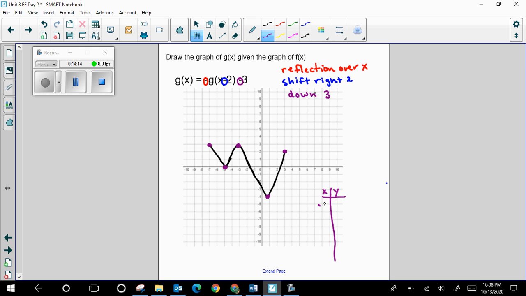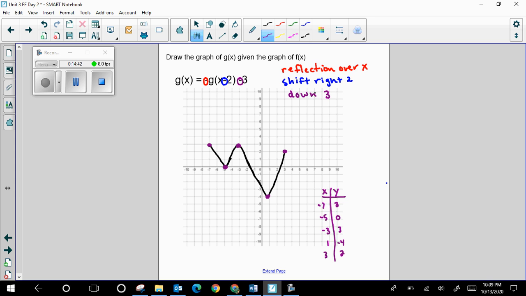So the first one farthest to the left is at negative 7, 3. Then I'm at negative 5, 0. This point at the top of the loop right there is negative 3, 3. This one is 1, negative 4. And this one is 3, 2.